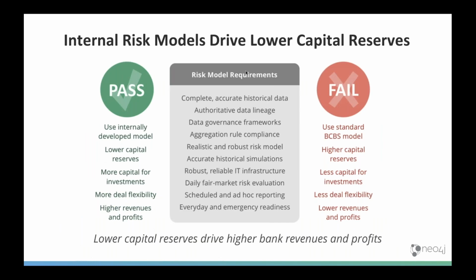Essentially, banks have trading books and banking books, and trading books are used for assets that are traded on a regular basis. So things like stocks, bonds, mutual funds that banks trade day in, day out, that their traders are managing.